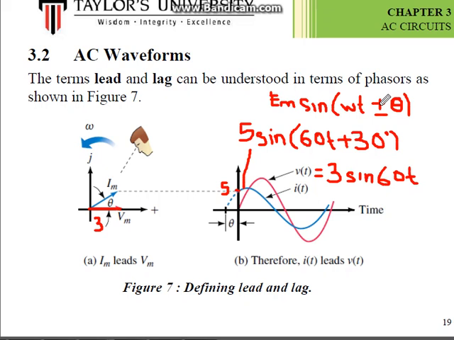If it's a plus, it literally means that your sine waveform starts from the left-hand side. Anything that's shifted to the left is denoted by a plus sign.